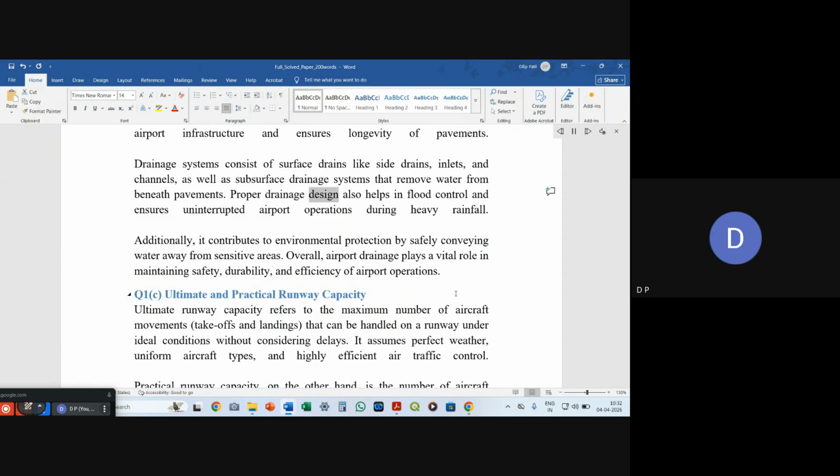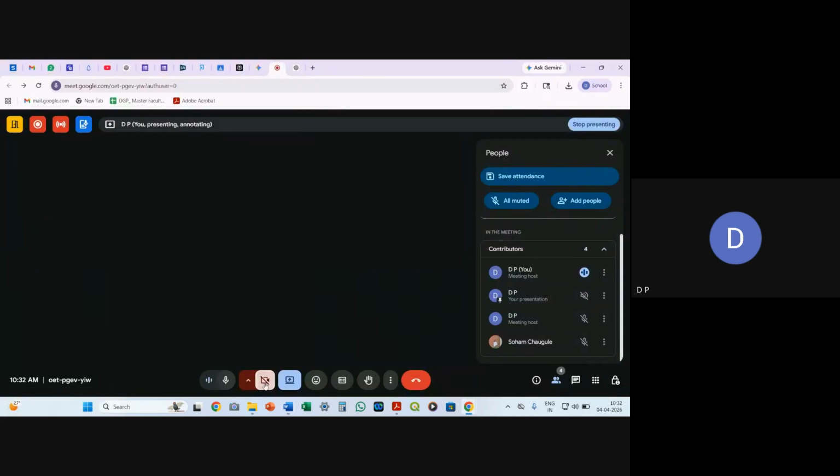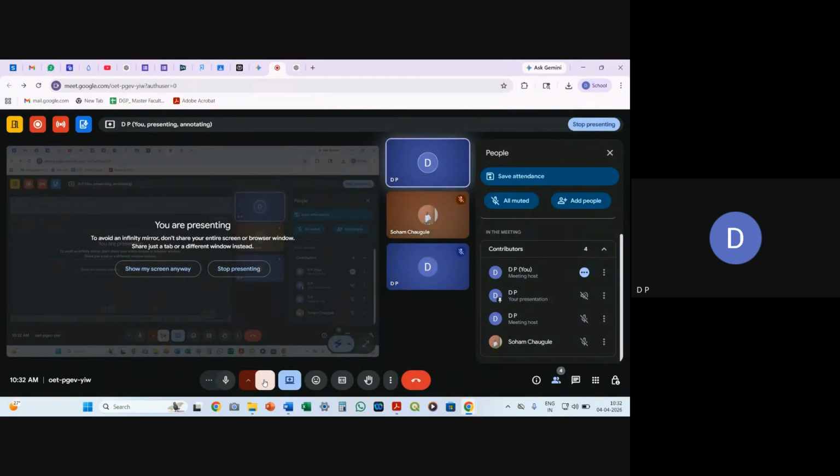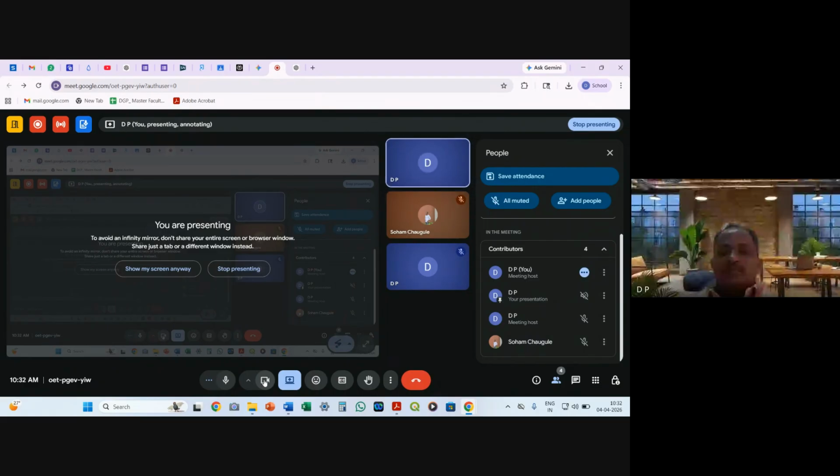Proper drainage design also helps in flood control and ensures uninterrupted airport operations during heavy rainfall. Additionally, it contributes to environmental protection by safely conveying water away from sensitive areas. Overall, airport drainage plays a vital role in maintaining safety, durability, and efficiency of airport operations.